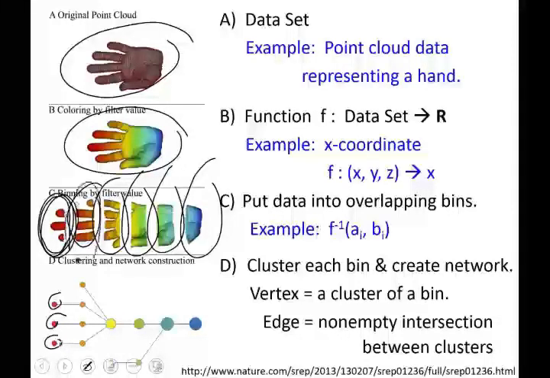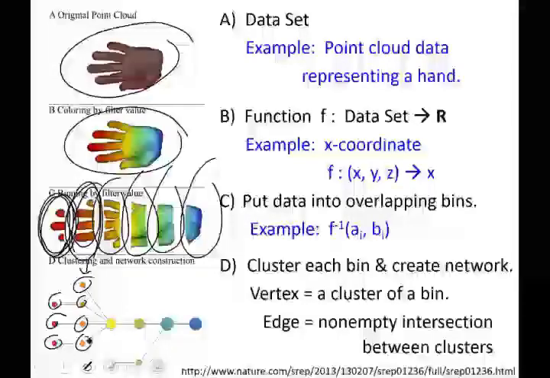This bin right here had 4 clusters, so we get 4 vertices. Then if we take a look at 2 bins and the clusters within them, if there's an intersection between them, if they have points in common, we draw an edge, and that gives us a graph.